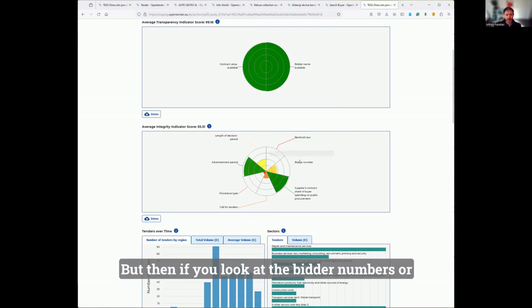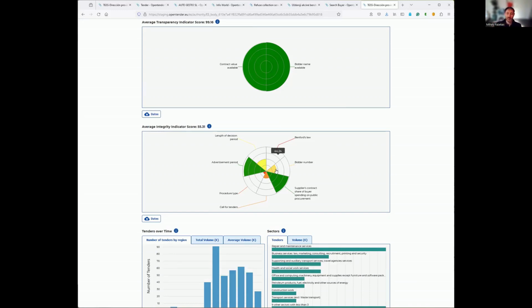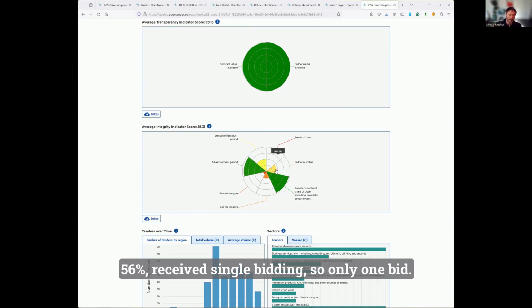But then if you look at the single bidding indicator, we have value 44, so it means 44% of contracts have received more than one bid, and the rest, 56% received single bidding, so only one bid.